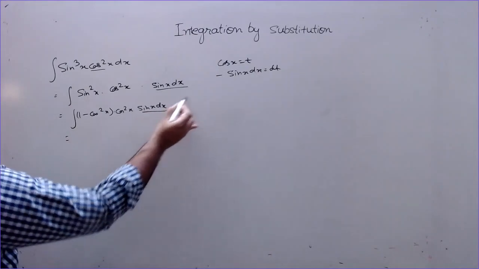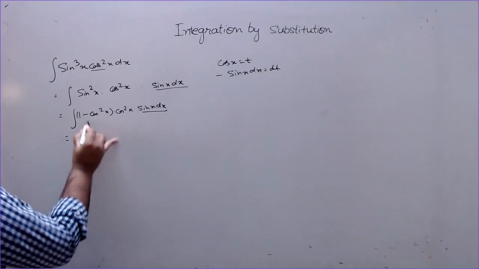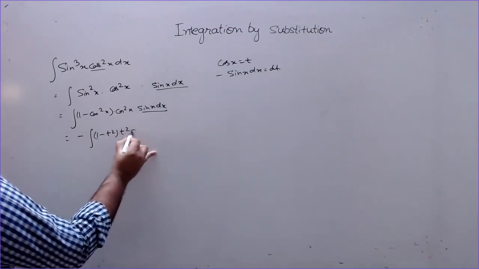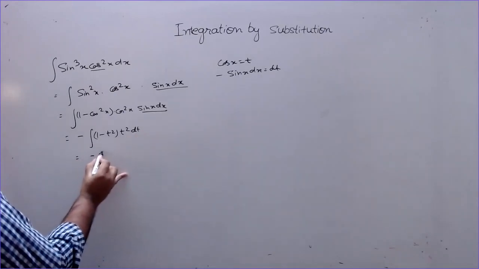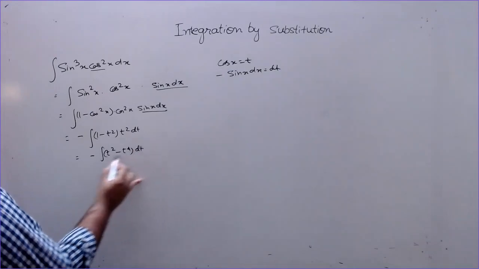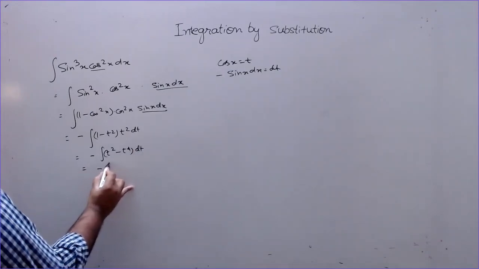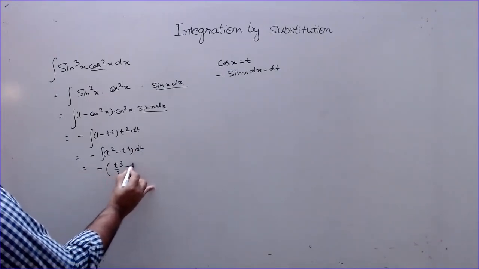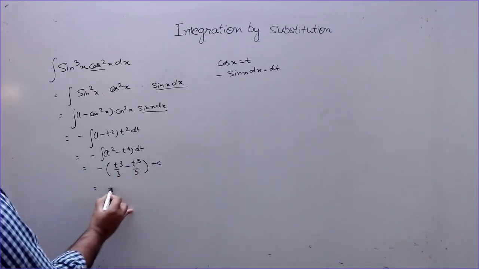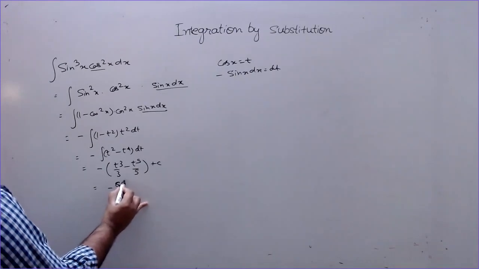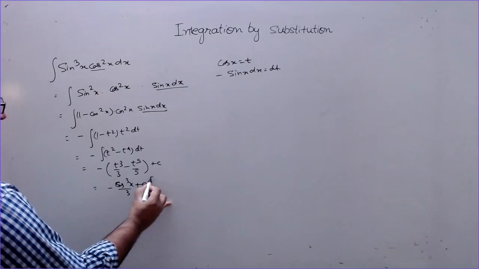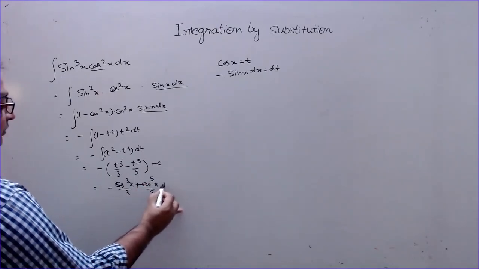So this is minus of dt, and this is 1 minus t square, cos square is t square dt. So minus t square minus t4. So this is minus cos cube x by 3 plus cos 5x by 5 plus c.